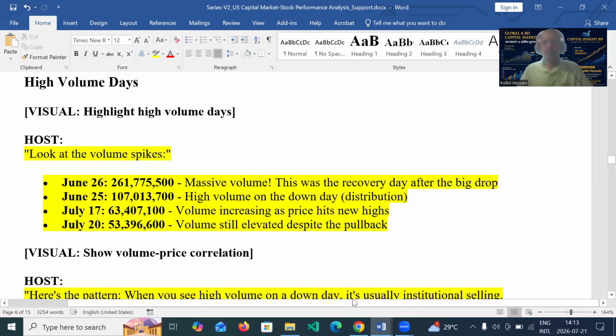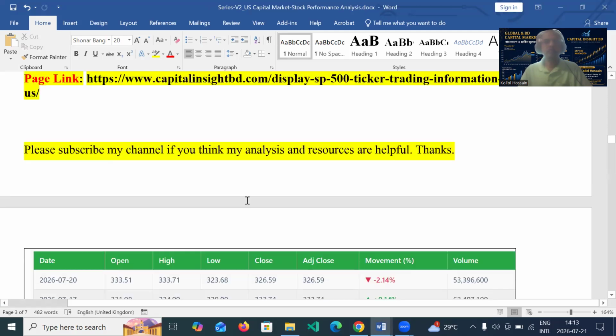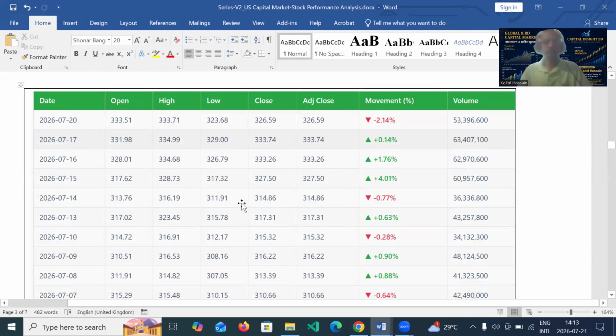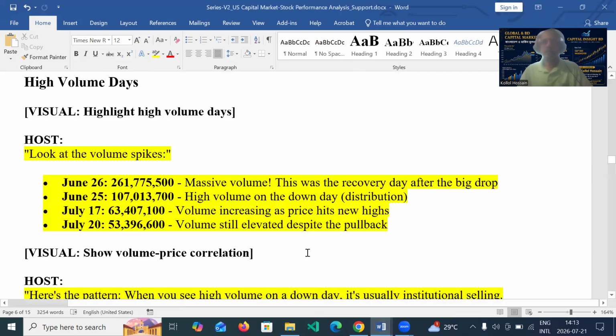Here, June 25 and 26, you can see here. 261,775,500, massive volume. This was the recovery day after the big drop. June 25, 107,013,700, high volume on the down day.